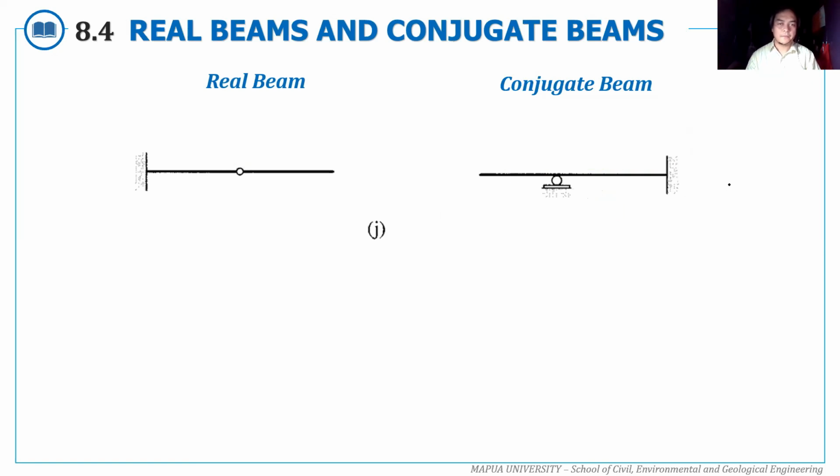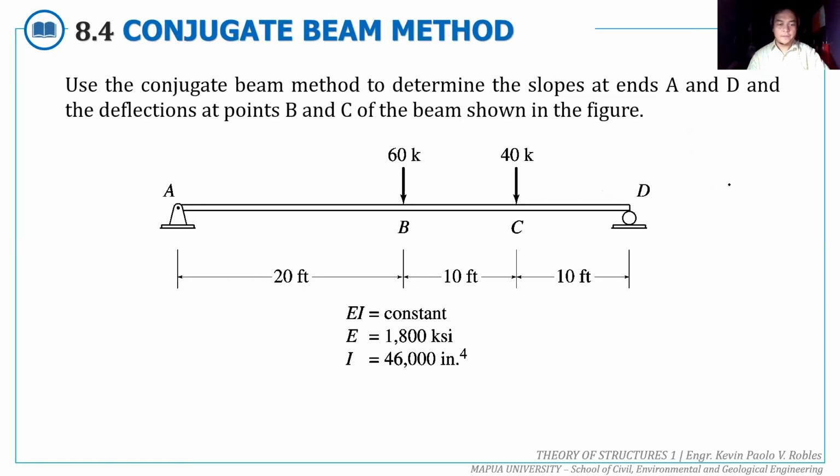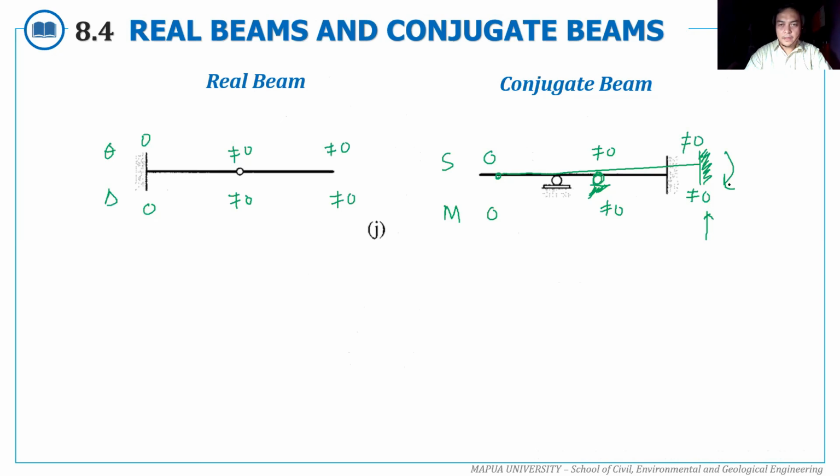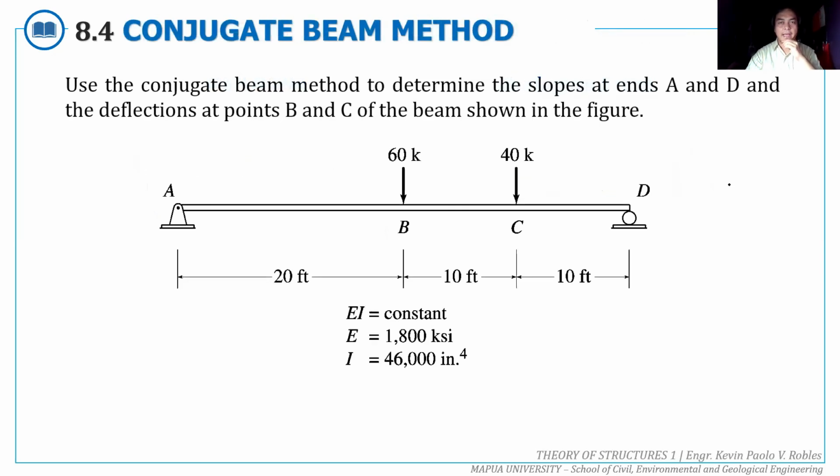Okay? So that is how we identify the conjugate beam of any given real beam. So again, I don't want you to memorize the corresponding conjugate beams of those different real beams. I want you to understand how we come up with those conjugate beams based from the real beam. Again, ang real beam, theta and slope.